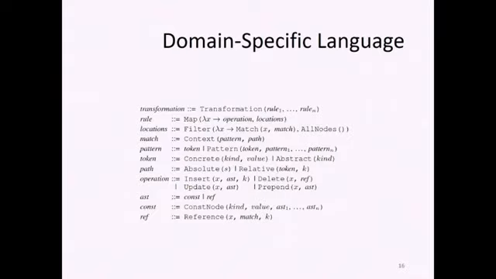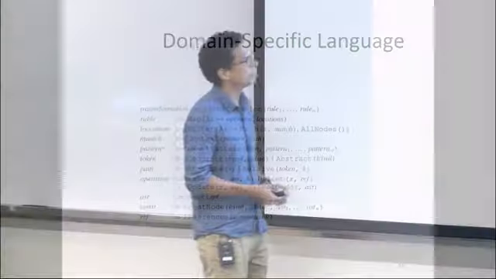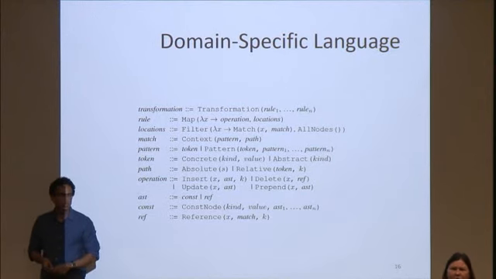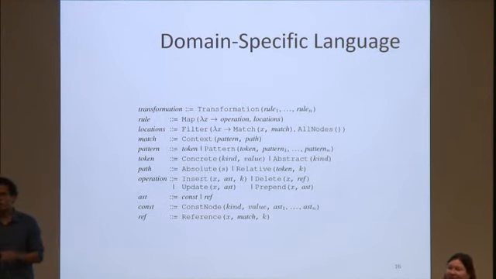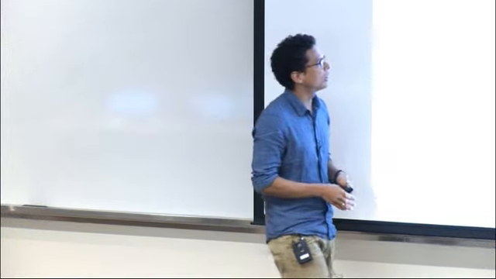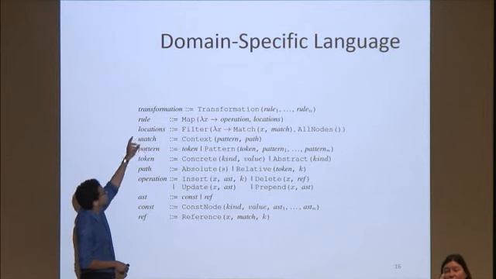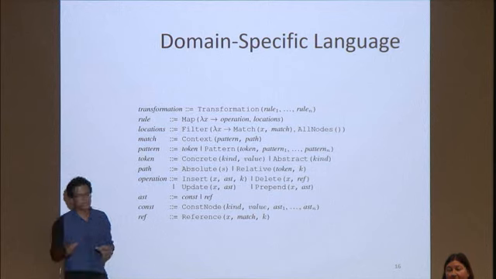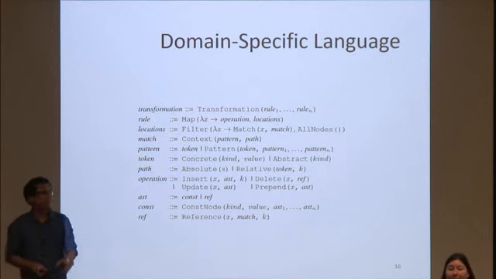So this is the entire DSL that we propose. A transformation is a list of rules, and each one of these rules represents one of the edits that we just saw. Each rule represents an edit, and an edit is a map operation that maps locations to operations.